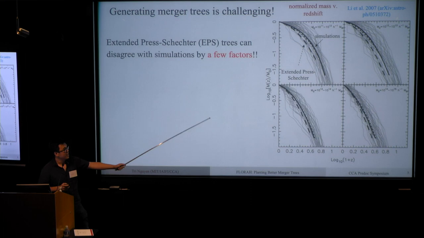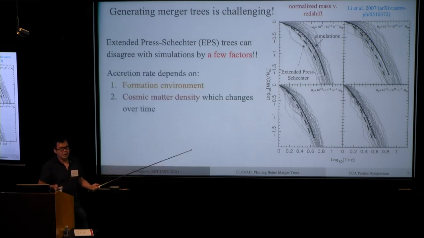This is the mass as a function of redshift for four different mass bins, and this is on a log scale as well. So you can see there's a discrepancy of multiple factors between the trees. This is because the accretion rate depends on the formation environment and also on the cosmic matter density, which changes as a function of time. So there's a lot of underlying physics going on here.